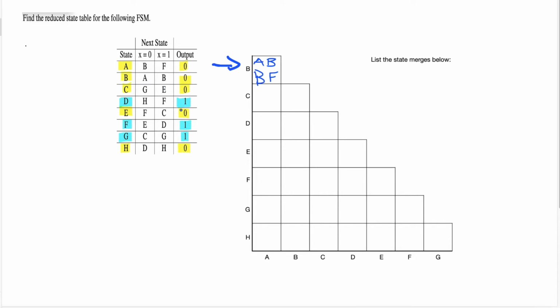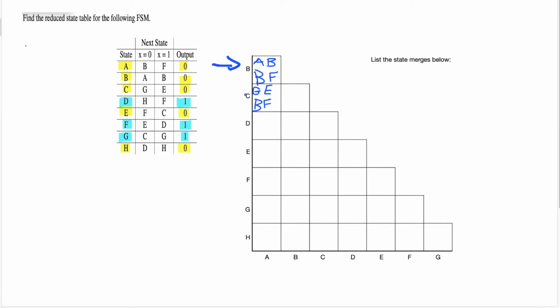Now moving forward, we have C and A, and if we look back at our chart, we see that C and A have the same color highlighted because their outputs are both the same. So for C, we're going to do the same thing. On the top part, to represent the vertical section, we have GE, so we're going to write down GE at the top of this square. And at the bottom of the square to represent A, it's going to be BF once again, because the horizontal didn't change.